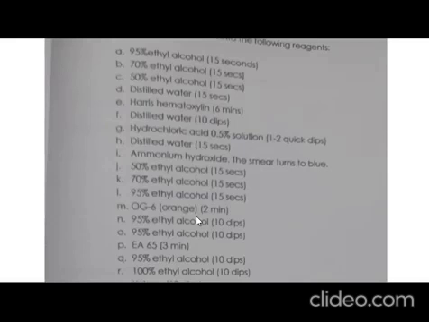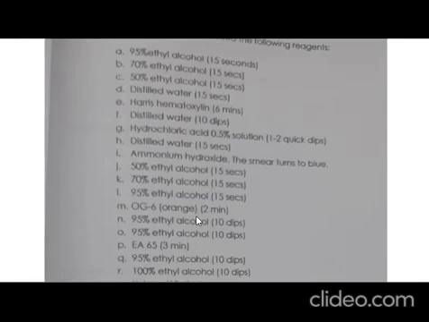Specifically, anong cytoplasm ang bibigyan ng color dito? It's the cytoplasm of your keratinized cells.